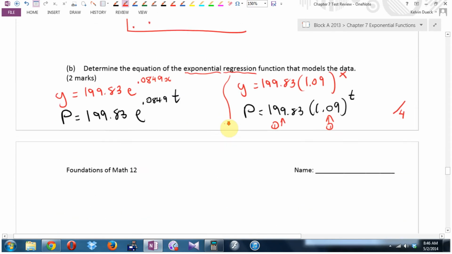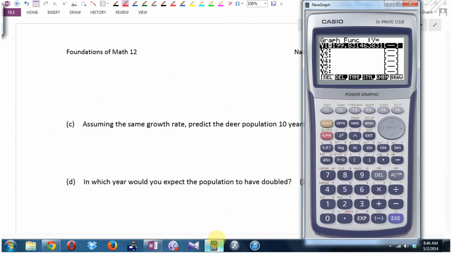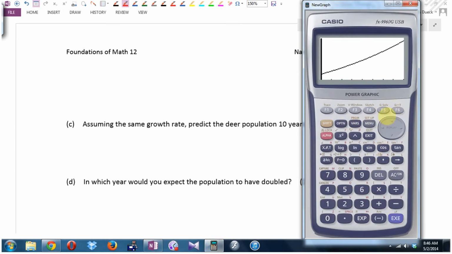That's an x value. Okay, so what I want to do then is I want to go draw it. There we go. G-solve. I want to do a y calculation given an x value. I run into a problem. Why do I run into a problem? I have a feeling my graph doesn't go over far enough to fit x equals 10 on there.